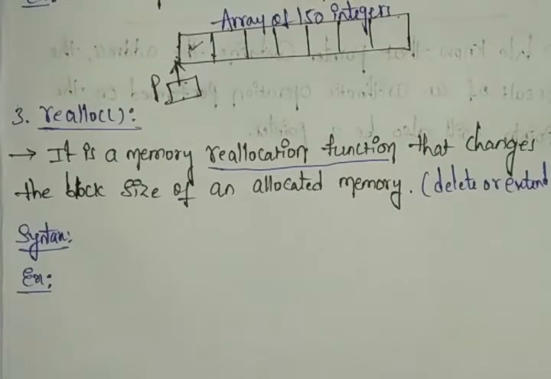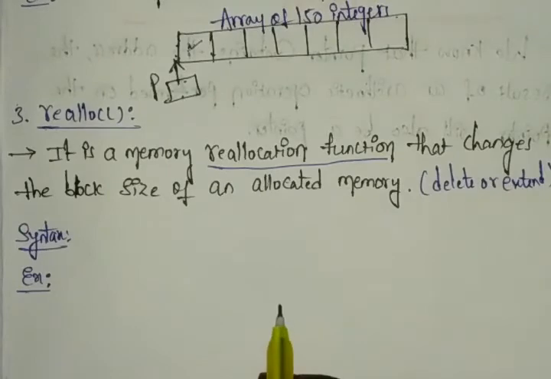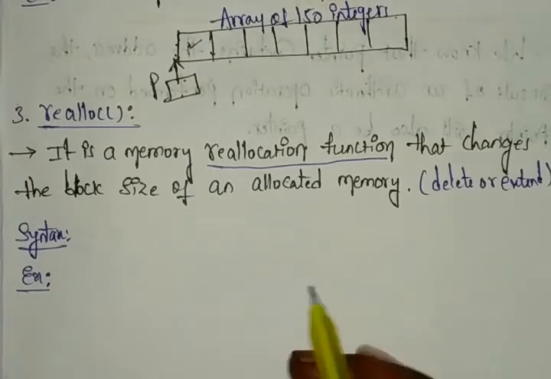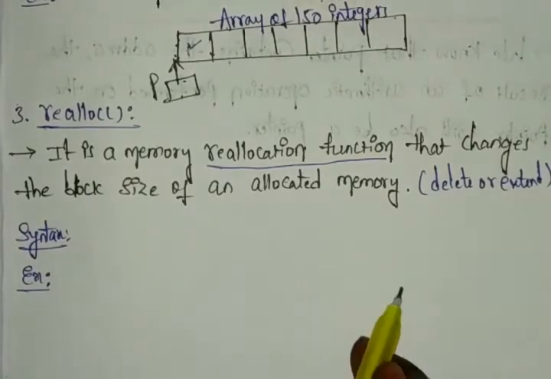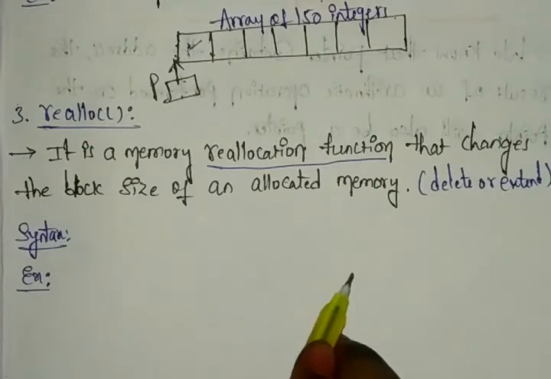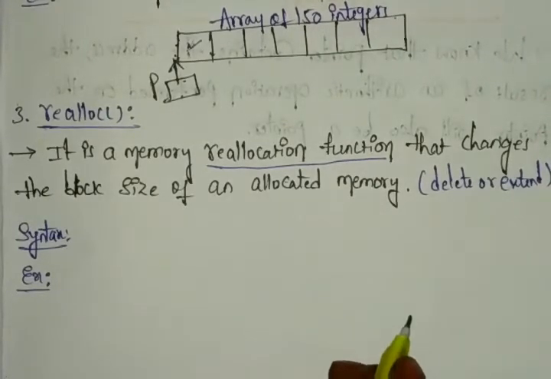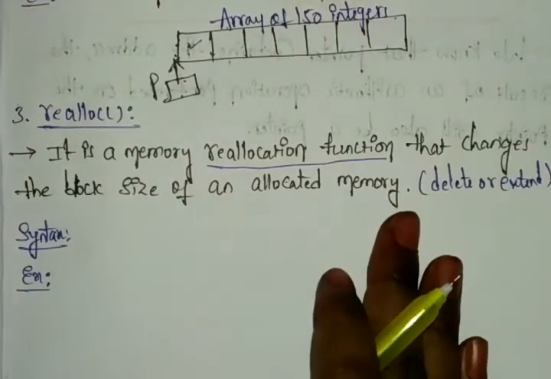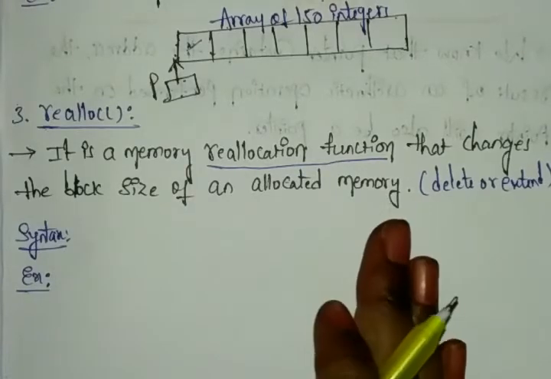And if there is not enough memory space in the contiguous block to extend it, then it allocates a new block. Whatever information is in the old block is copied into the new block, and the old copy is automatically deleted, so you just have the new copy.